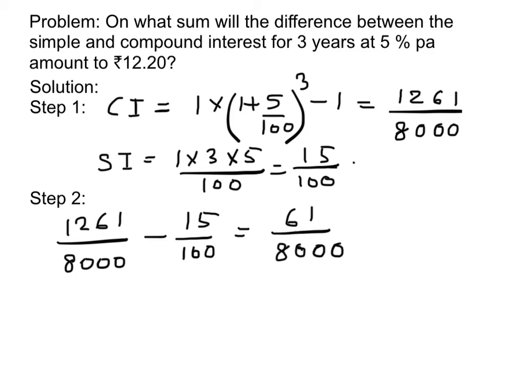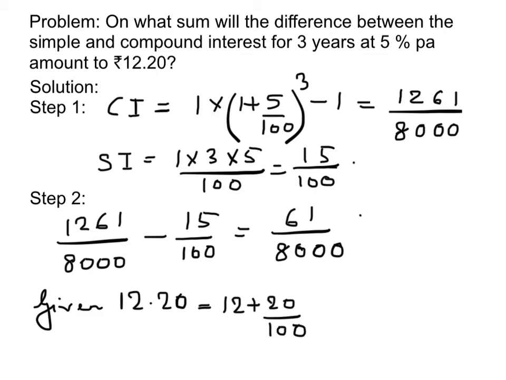You just solved the difference of the compound and simple interest, and it's been given that the difference is equal to 12.20 rupees. So 12.20 rupees, how do we write 12.20? Given 12.20 equals 12 plus 20 paise, so 20 by 100, equals 12 plus 1 by 5 equals 61 by 5.